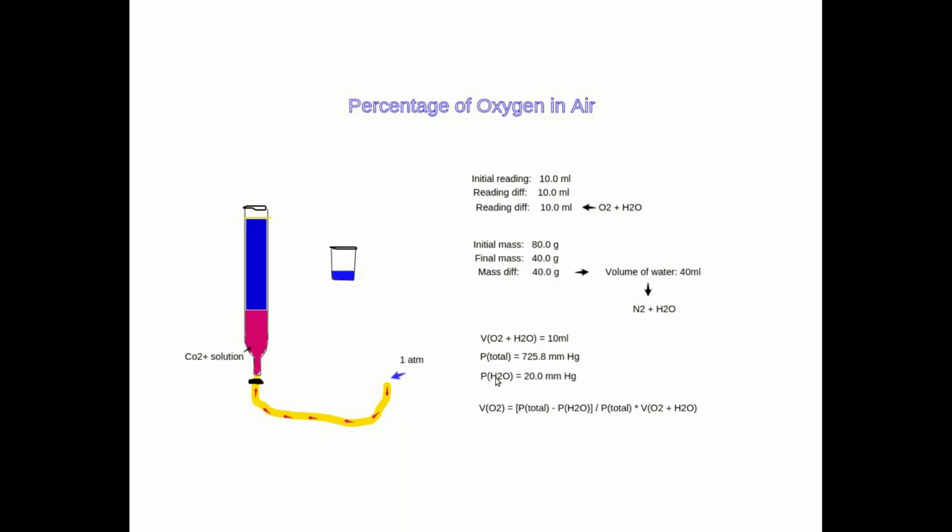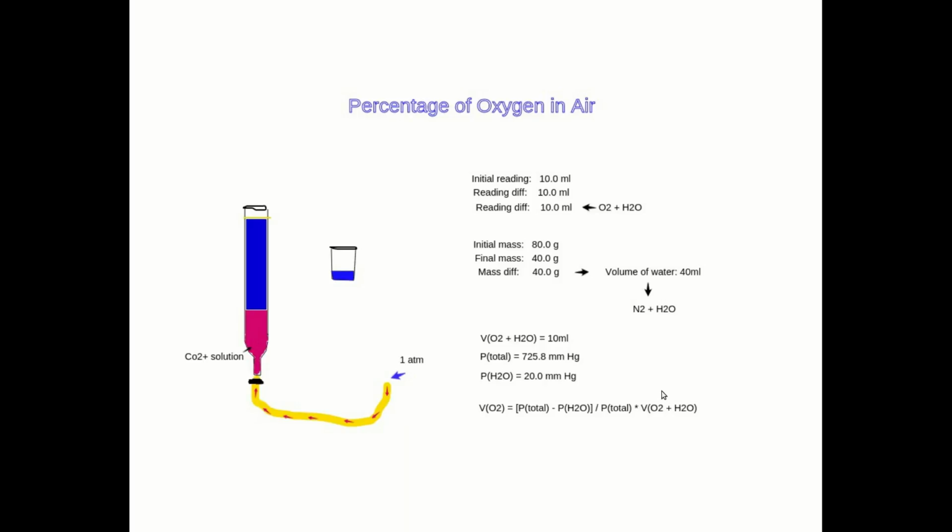We can use this data to calculate how much dry oxygen was in the initial system, because the ratio of the moles of the dry oxygen and the white oxygen can be calculated by the pressure of the dry oxygen over the pressure of the white oxygen.